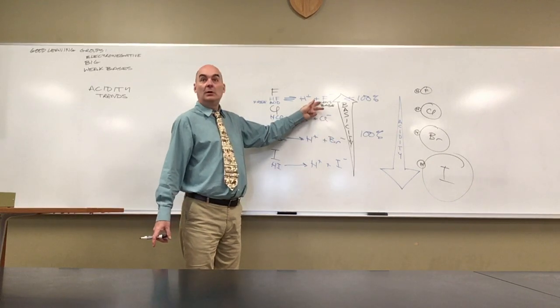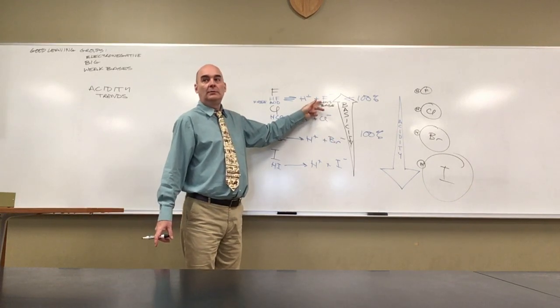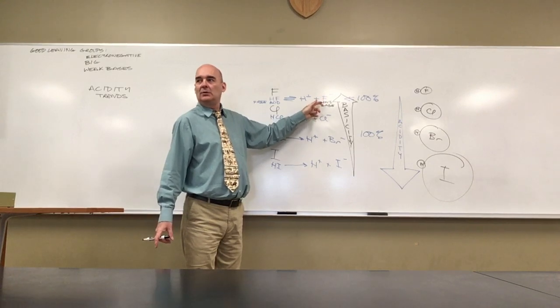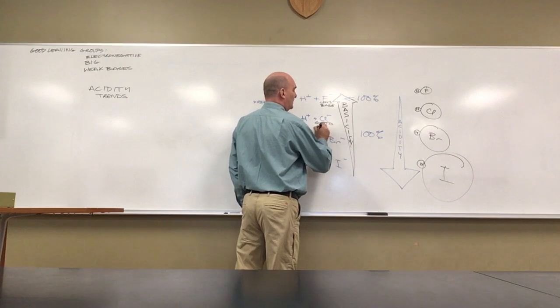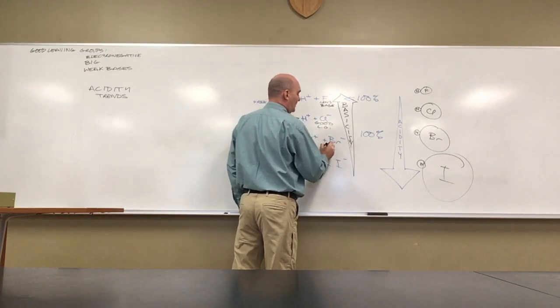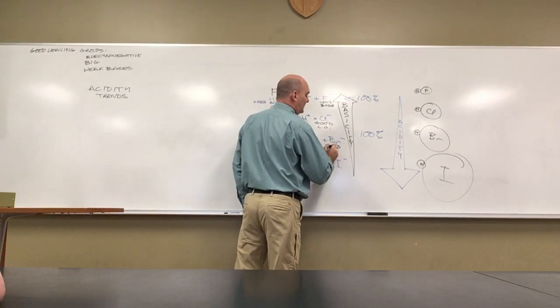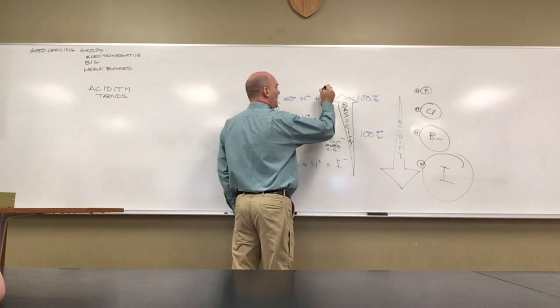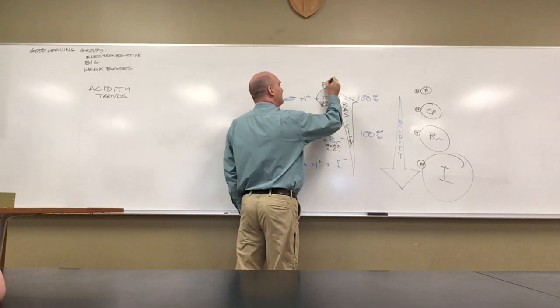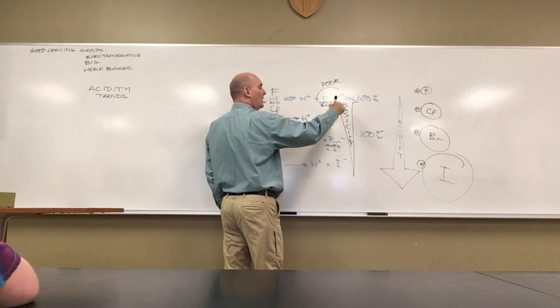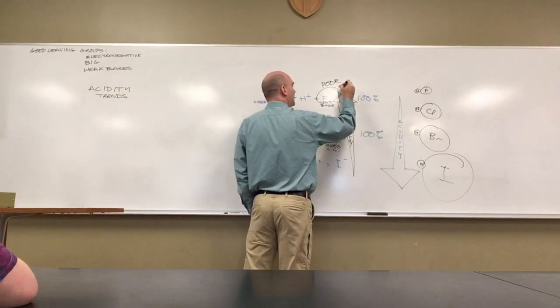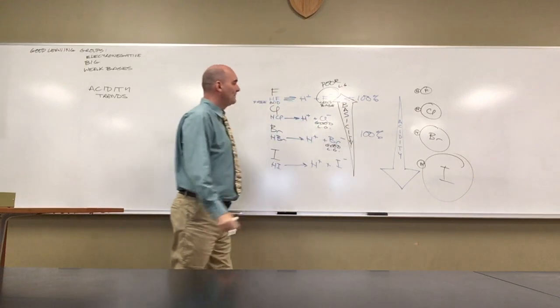And fluoros, oh, that's now too basic to be a good leaving group. This is a good leaving group. LG, leaving group. This is a good leaving group. But that one right there, that is too electronegative, too small, too much of a base. That is a poor leaving group.